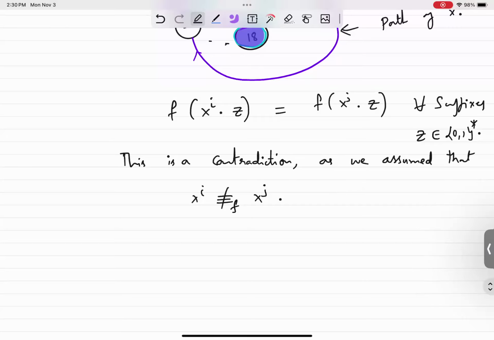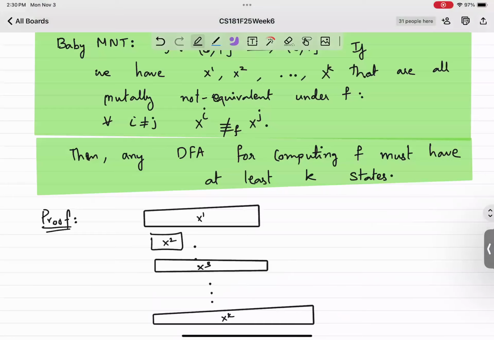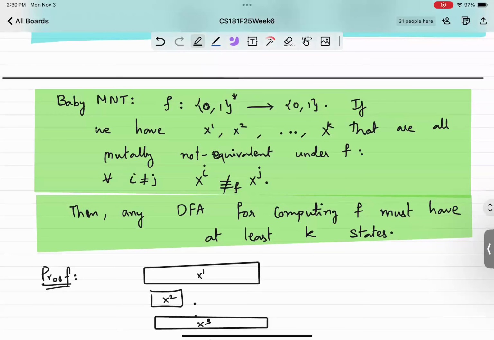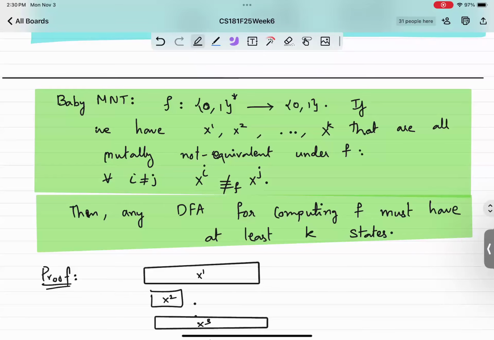Okay. All right. Any questions? Any questions about why you have this nice property of the Myhill-Nerode theorem?